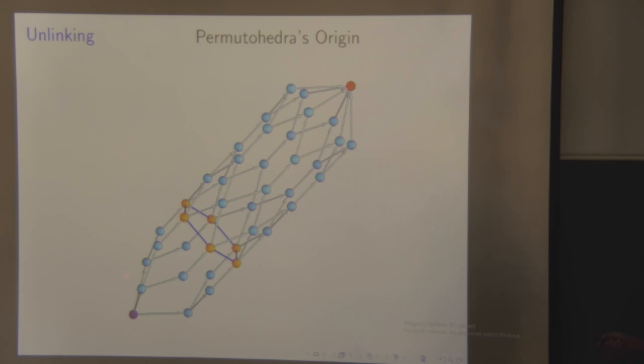The arrows going up represent unlinking. You start with this, let's say, initial quiver, you unlink on different pairs of nodes, and you get quivers with a larger number of nodes. And if you continue unlinking in many ways, in this web of unlinkings, at some point you realize that a permutohedron appears.